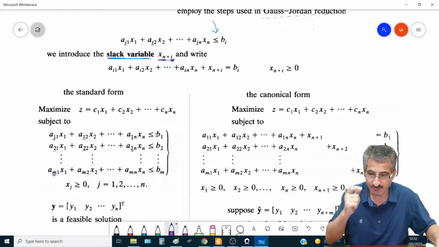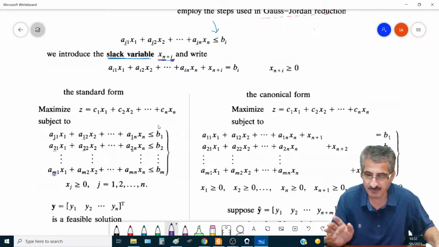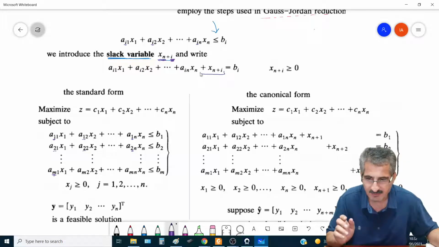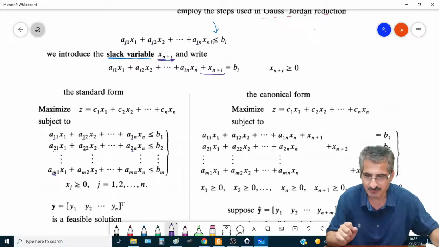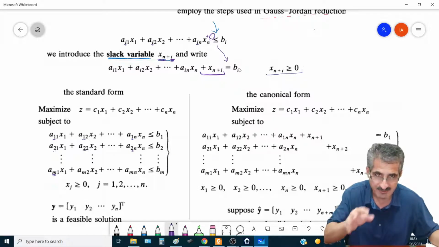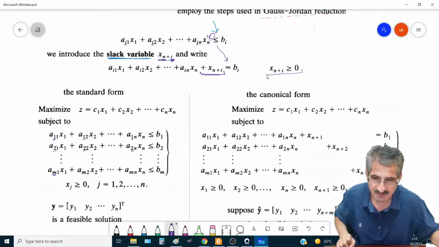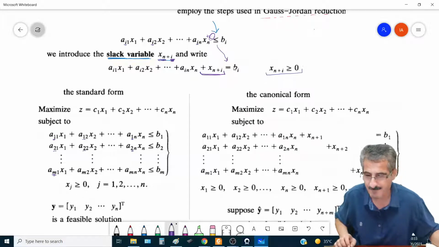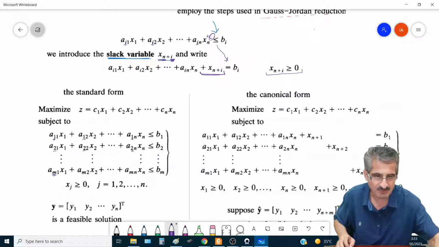So for instance, look in here at what we are doing. We add something here to make this an equality. And we must stipulate that this new variable is non-negative, so that it does not go against the constraints itself.